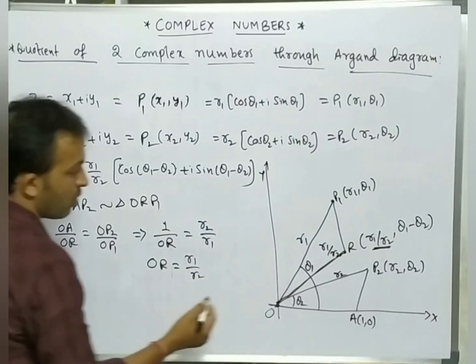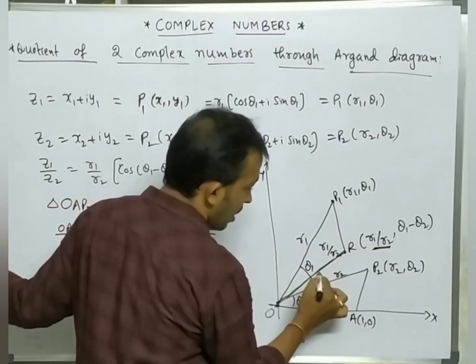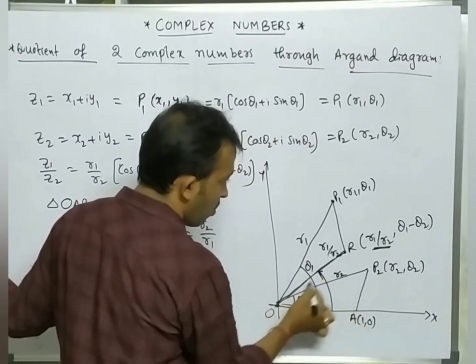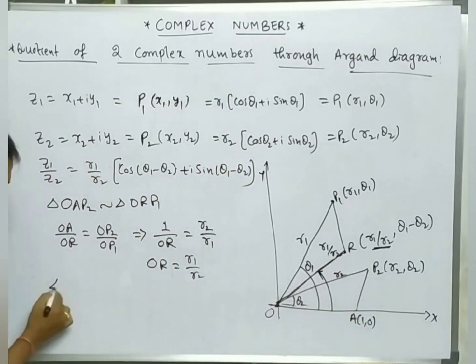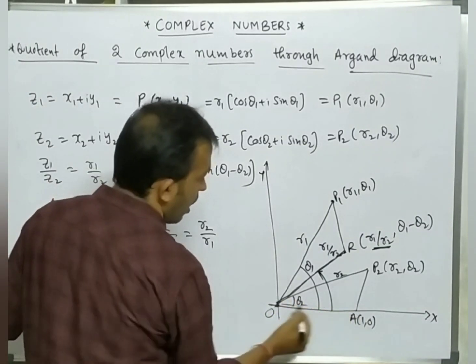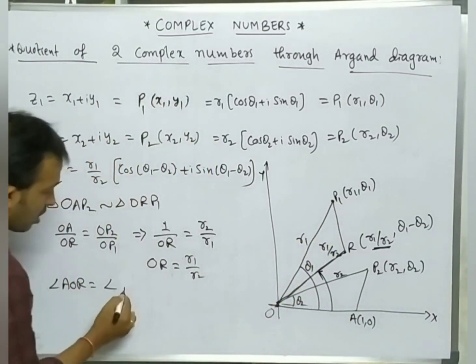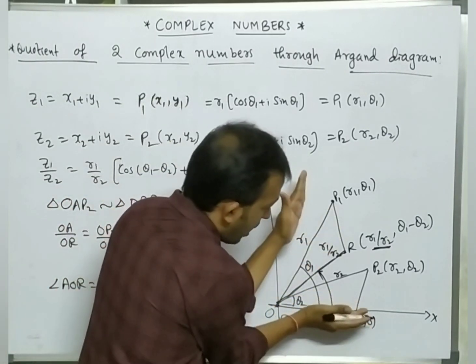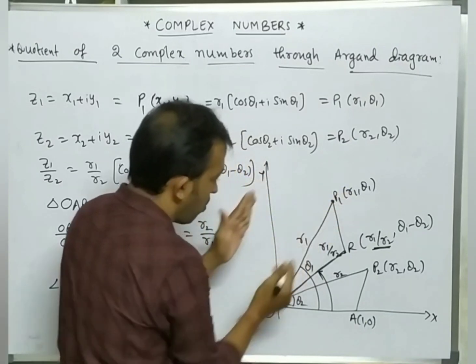Now we should find the argument, which means this angle, angle AOR. Angle AOR can be written as angle AOP1 minus angle ROP1. The total angle AOP1 is theta 1, minus angle ROP1.